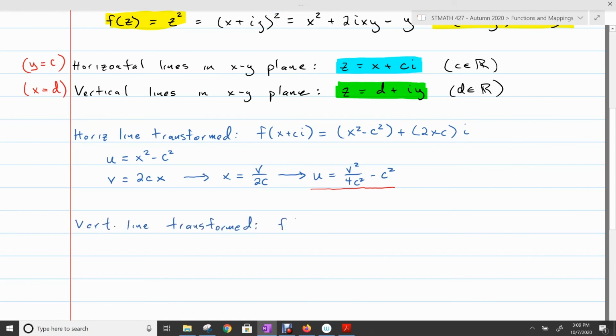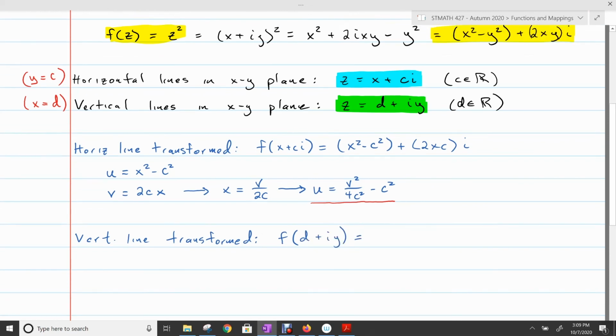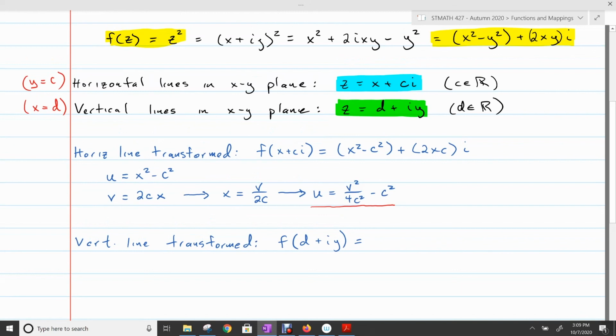So I would do f of d plus iy. That just means I'm going to put d in place of x in that formula in yellow above, and y is just y. So I'd have d squared minus y squared plus 2 times d times y times i.